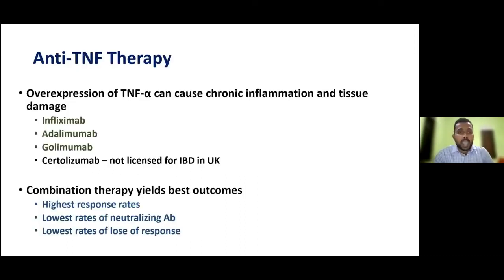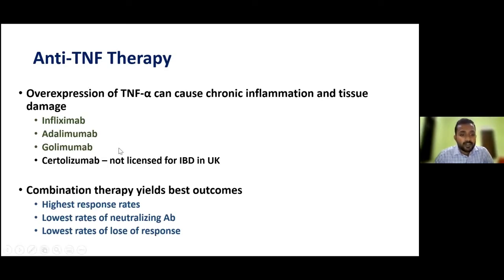A few words about anti-TNF therapy. The overexpression of TNF-alpha can cause chronic inflammation and tissue damage. The most commonly used anti-TNF therapies are infliximab and adalimumab, which are available in our country as well.